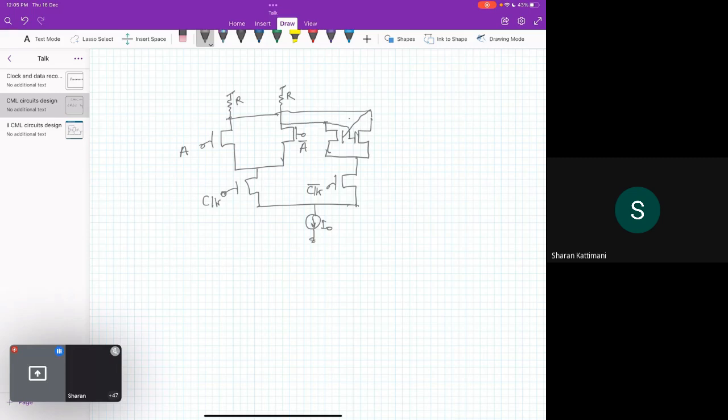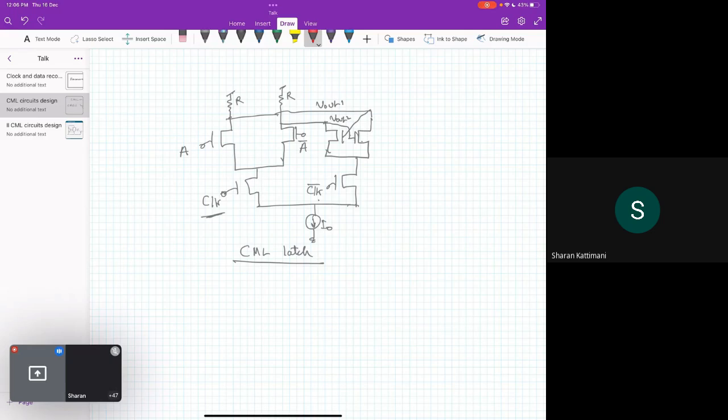So a positive feedback, and this is the CML latch. Okay, so when clock is on, the A is transferred to the output, and when clock bar is on, then this is a positive feedback. Okay, so the positive feedback will ensure that it will hold the value.